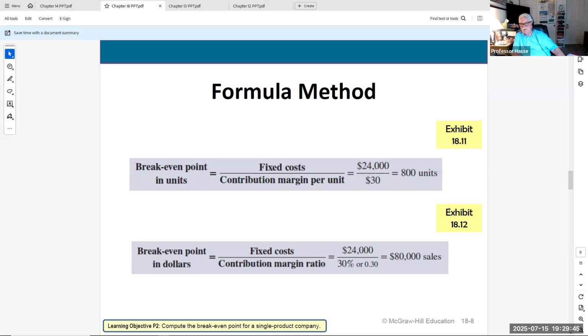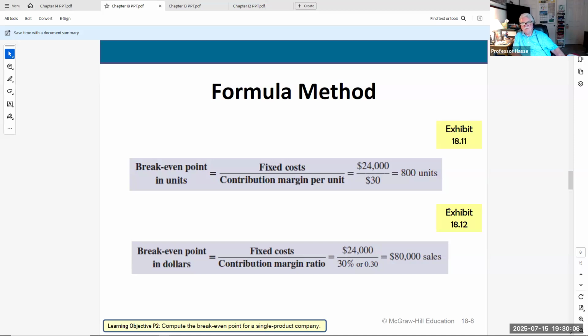Once the break-even point is reached, your contribution margin becomes your profit margin. I'd remember that line too. Once break-even point is reached, your contribution margin becomes your profit margin.